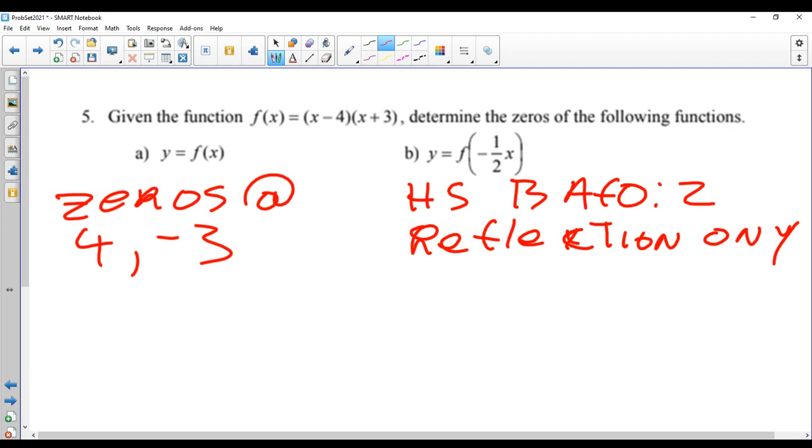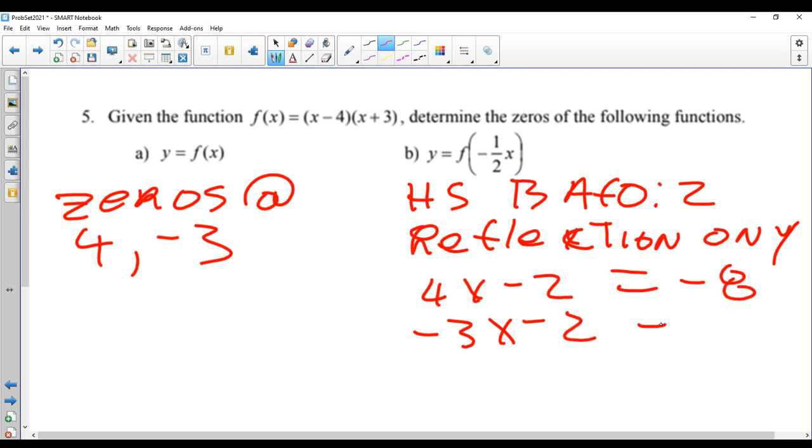She combined the reflection, which is a negative, along with the stretch into a -2 and multiplied both by -2. So the zeros in this case would now be at 4 times -2 and -3 times -2, which gives us -8 and 6. That's where your zeros are now.